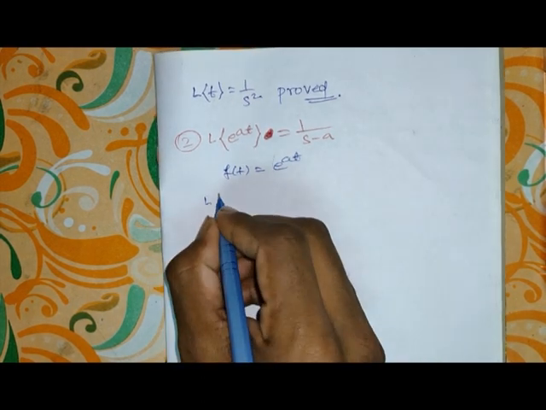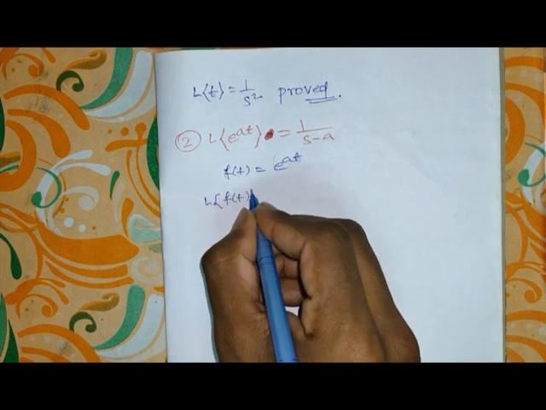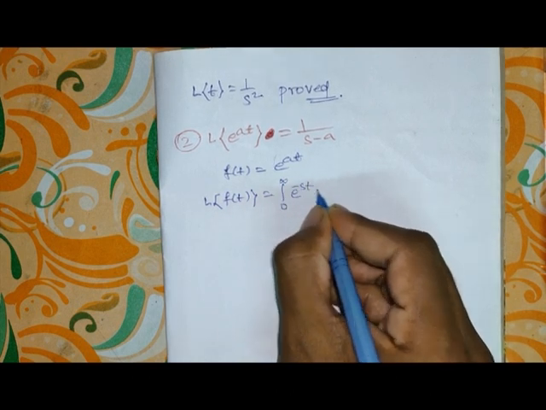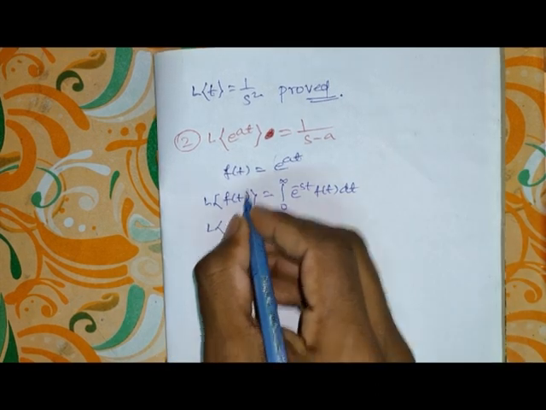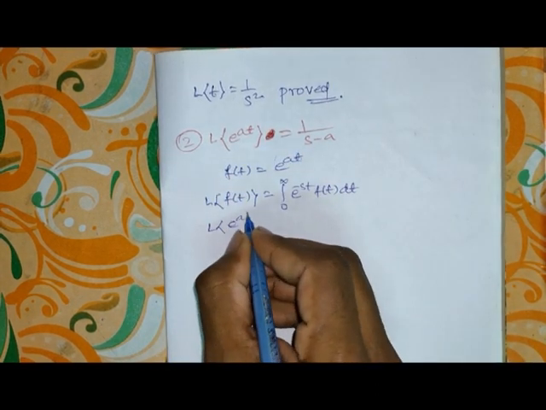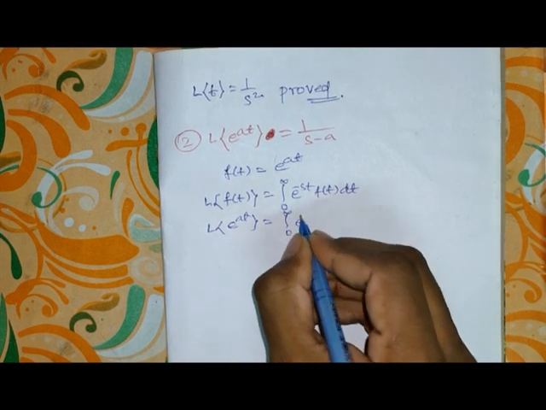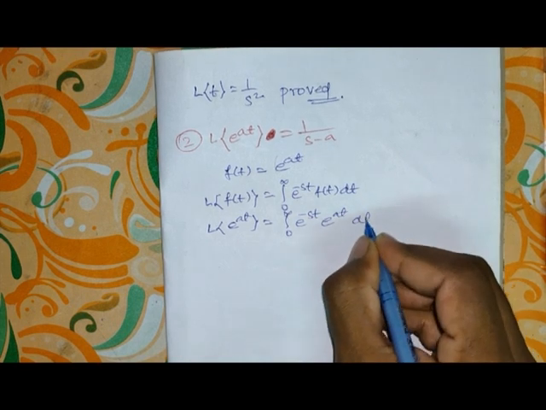Now we are going to prove it. Laplace of f of t equal to integral 0 to infinity e^(-st) f(t) dt. In place of f of t we have taken e^(at), integration 0 to infinity e^(-st) e^(at) dt.